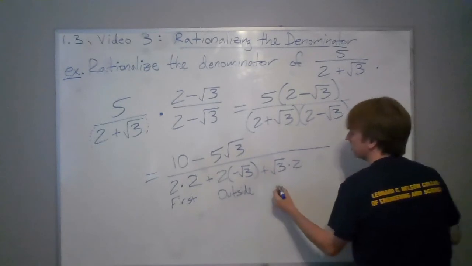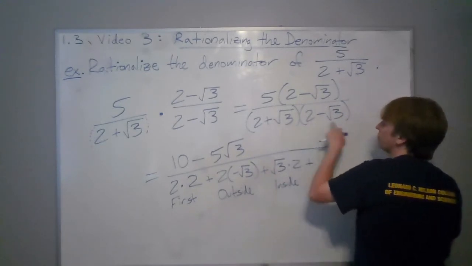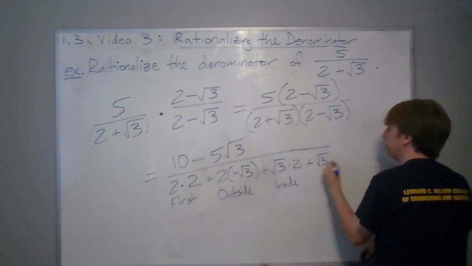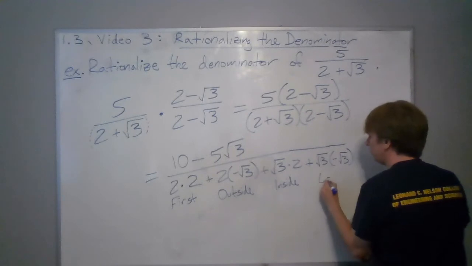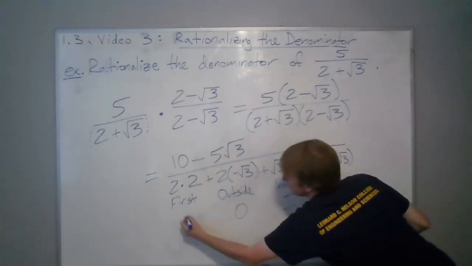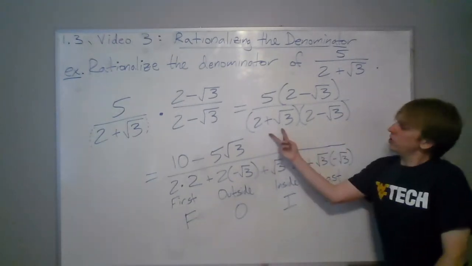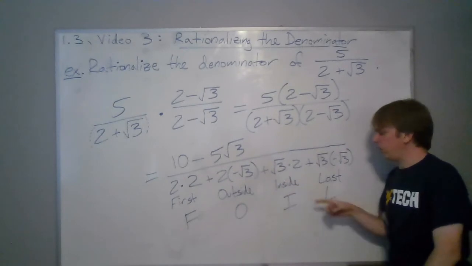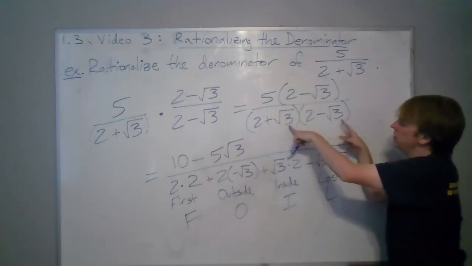And our last would be square root of 3 times negative square root of 3. So this is our FOIL rule for distributing 2 terms times 2 terms, FOIL, meaning first, outside, inside, last.